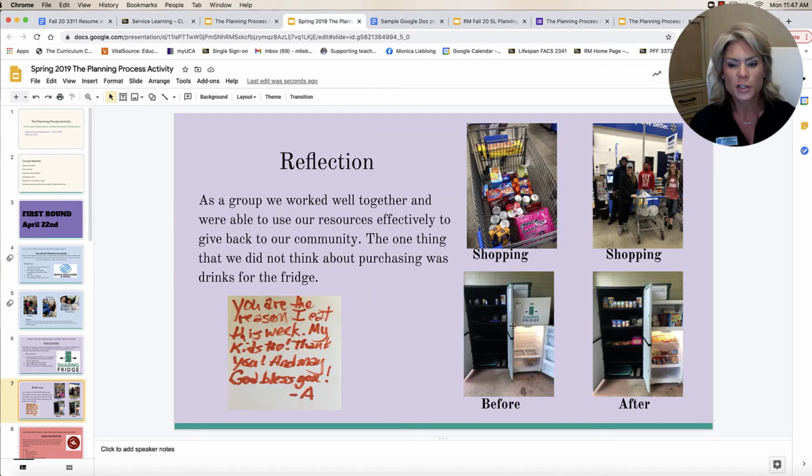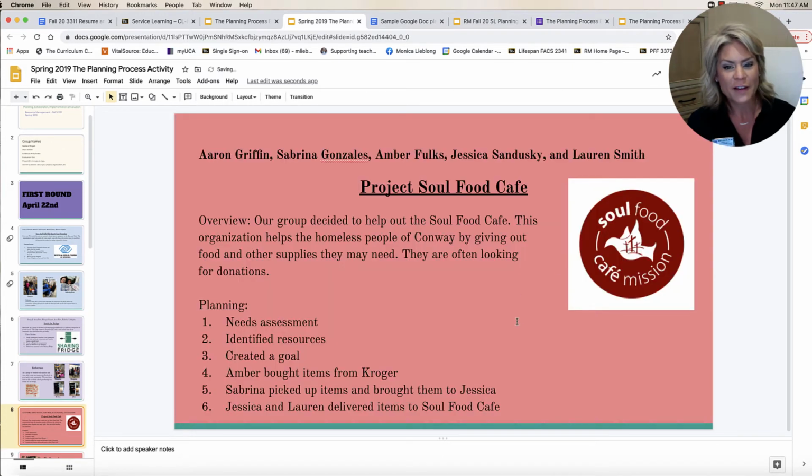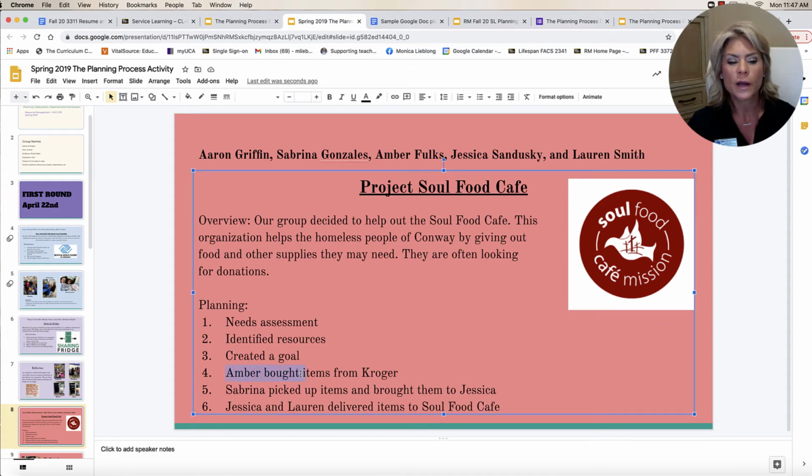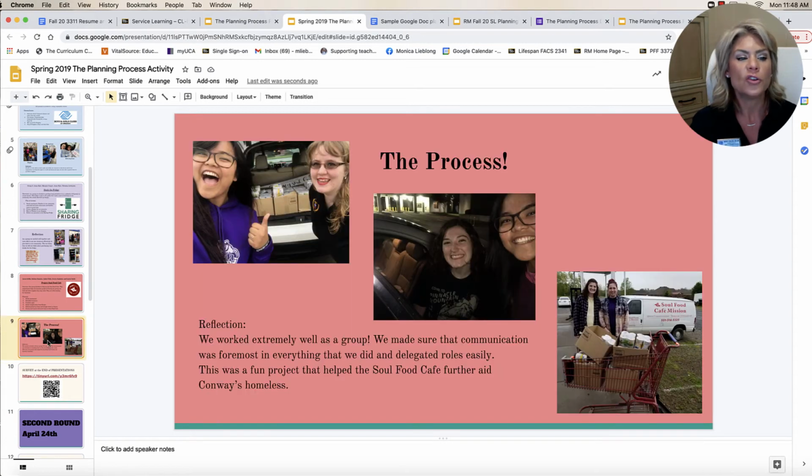A few pictures of the fridge before, wow, and look at the fridge after. Next one, Soul Food Cafe. This group wanted to help out physically at the Soul Food Cafe. And they had a plan, but they also went above just volunteering and decided they would donate some items since they had some funding.